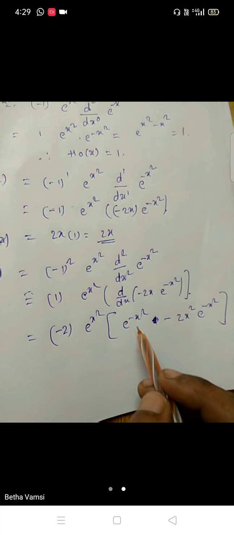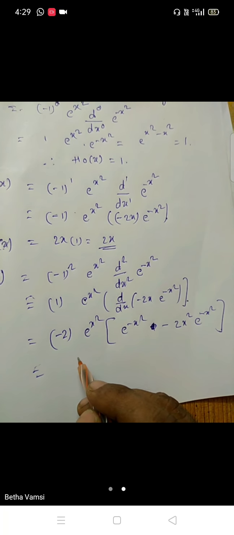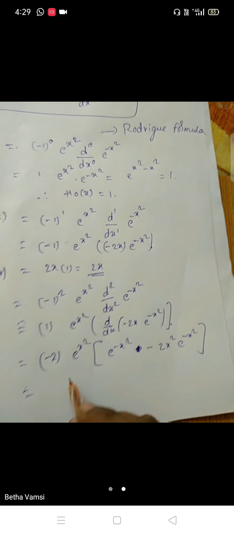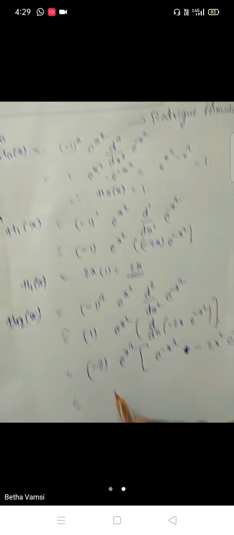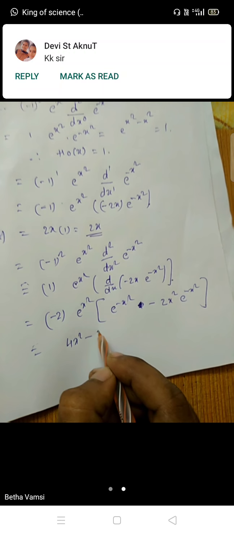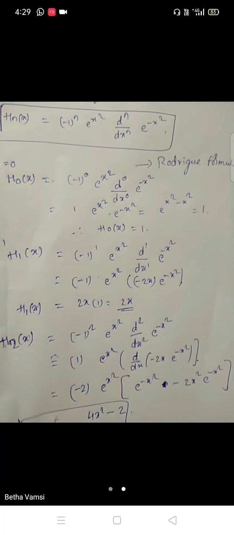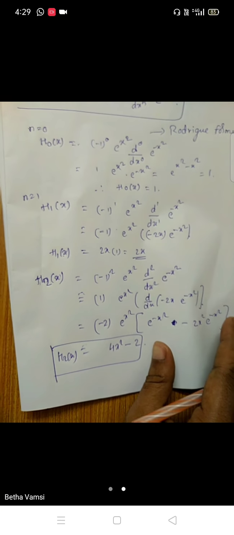Taking e power of minus x square outside, you will get 4x square minus 2. This is h2 of x.